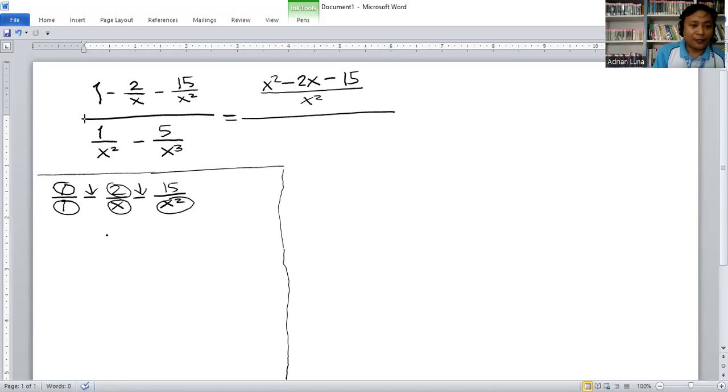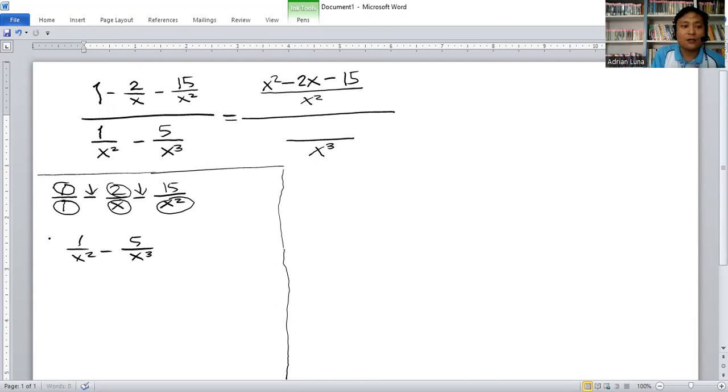This time, yung denominator naman. Ayan, 1 over x squared minus 5 over x cubed. Ang sabi, if you have the same variable with different values of exponents, pag magpe-perform ng addition or subtraction, paghanap ng LCD, choose the one with the highest exponent. In this case, it's x cubed.